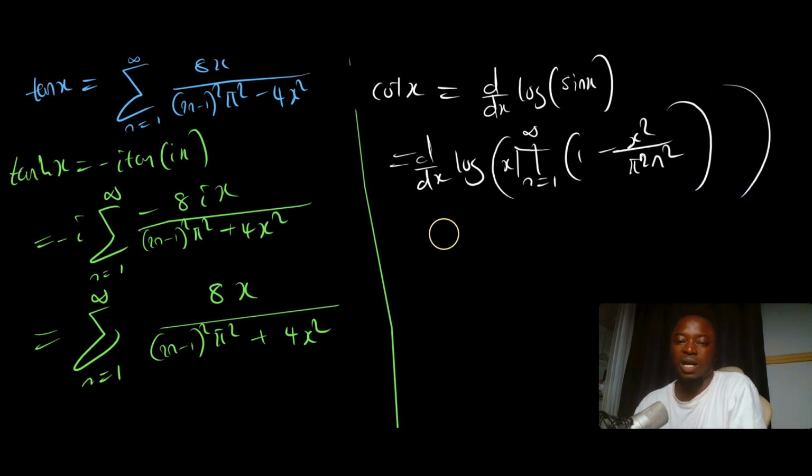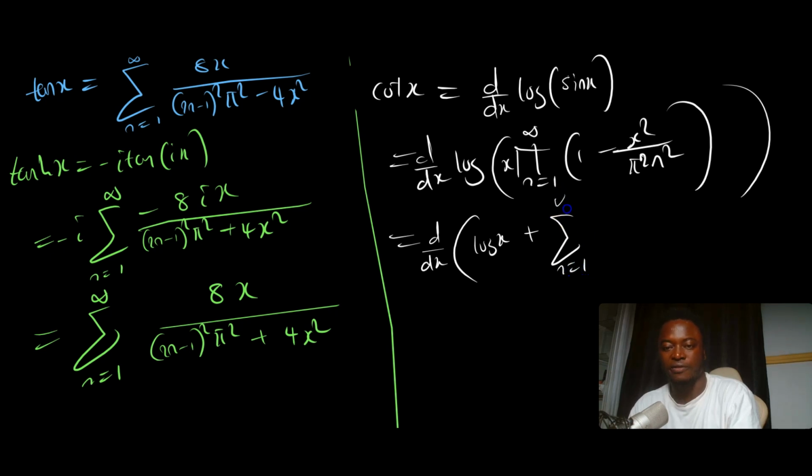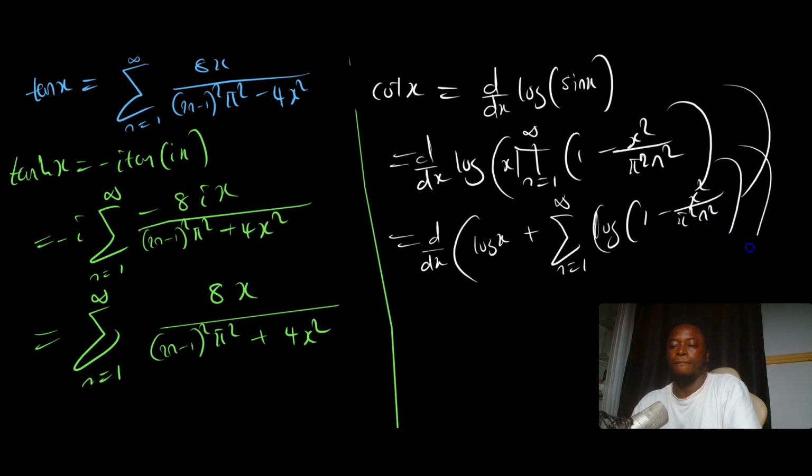Okay, and that would be d/dx of first log x, and then plus the sum as n runs from 1 to infinity of the logarithm of 1 minus x squared over pi squared n squared.